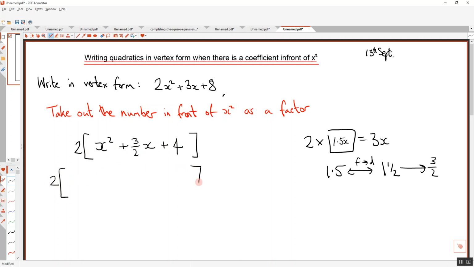So what was our first step when we do these questions? You find half of the 3x, half of the middle term. So I've got x squared, we write it all down, plus 3 over 2x. What is half of 3 over 2?